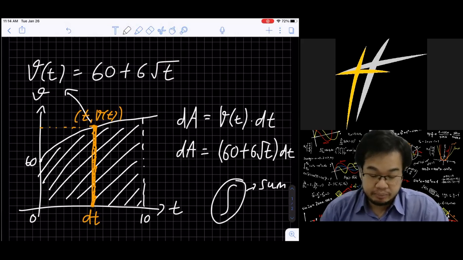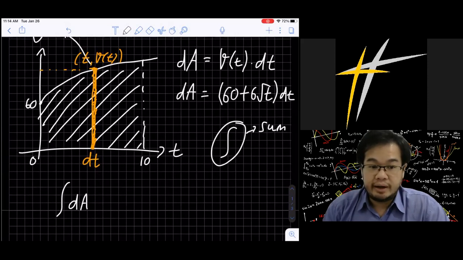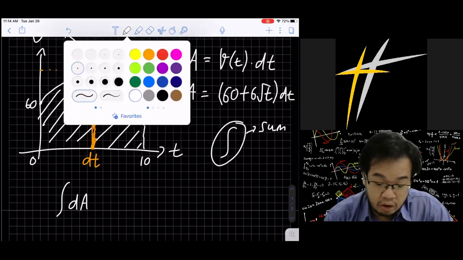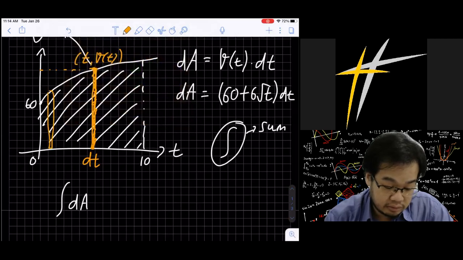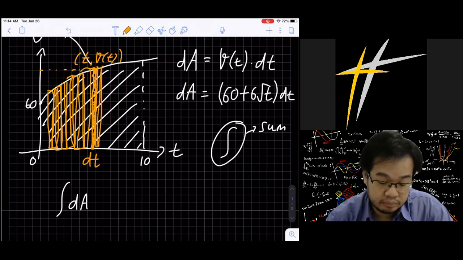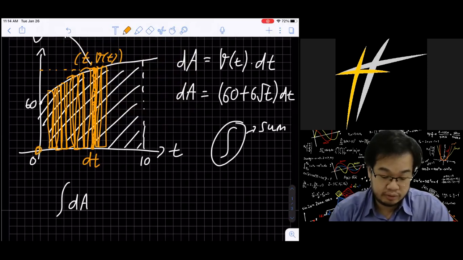So basically by applying the integral sign to dA, it means that you are going to add all the thin rectangles that are created below the graph, from here to here.